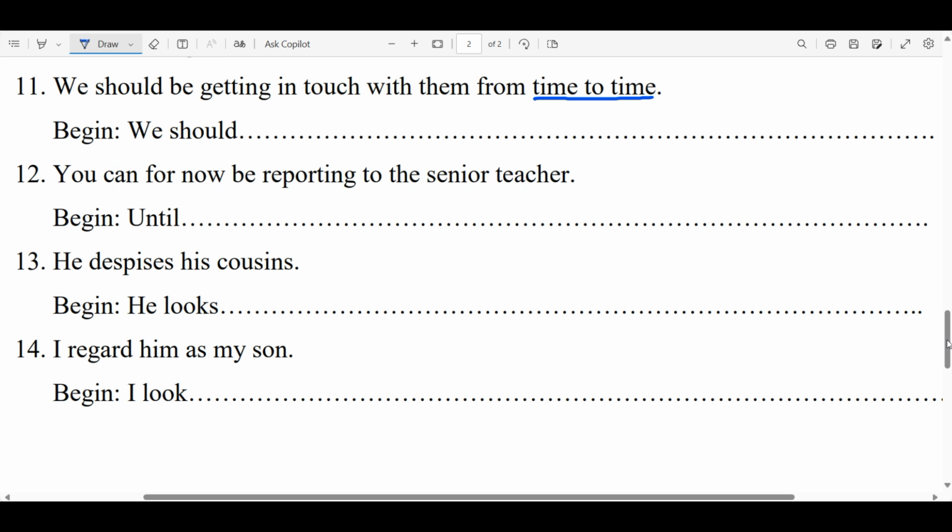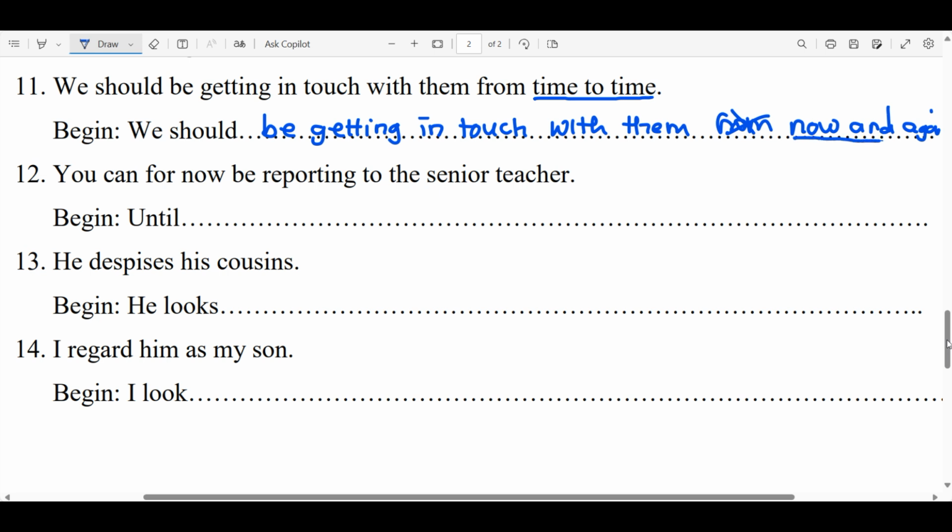So we will say we should be getting in touch with them now and again. In fact, I don't need to put from. So just say we should be getting in touch with them now and again. So now and again simply means time to time.